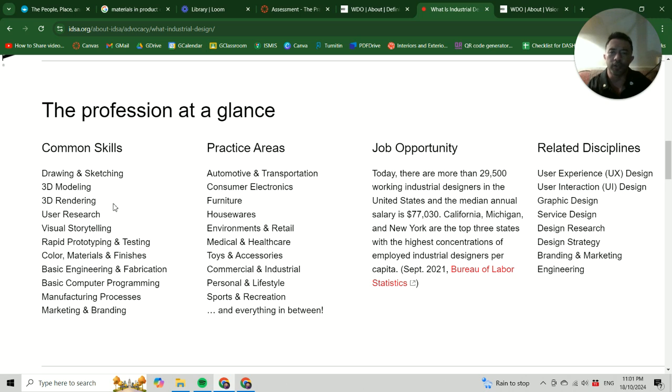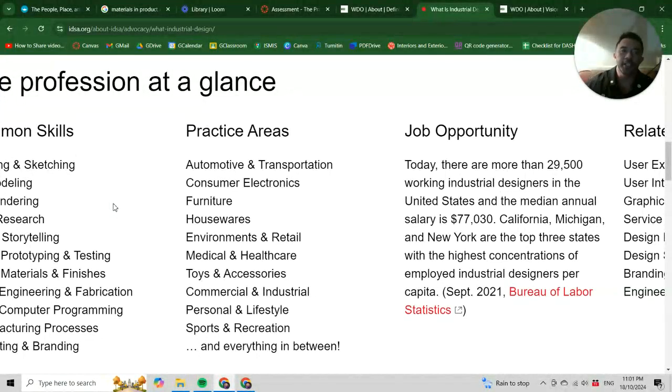You can explore automotive and transportation, consumer electronics, furniture, housewares, environment and retail, medical and healthcare products, toys and accessories, commercial and industrial products, personal and lifestyle like beauty products, sports and recreation, like for example, basketball equipments, badminton equipments, and any type of sports and recreation equipments, and also everything in between.